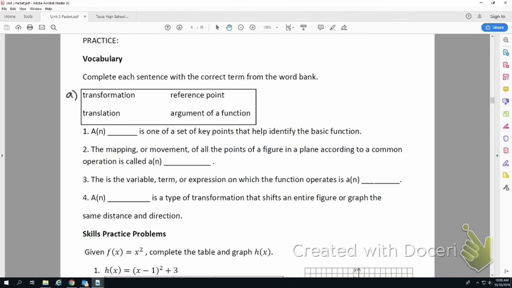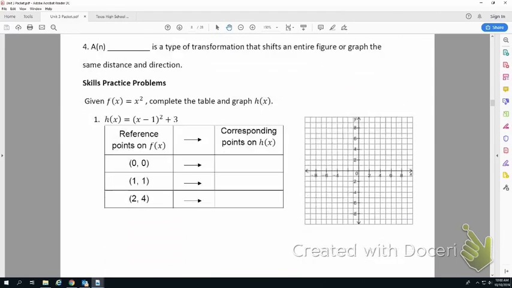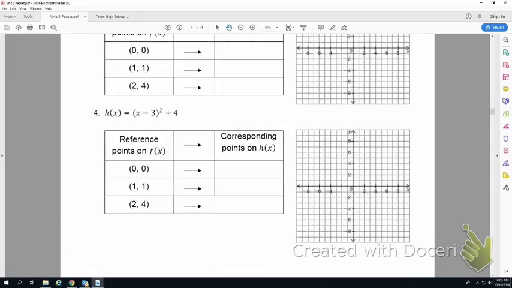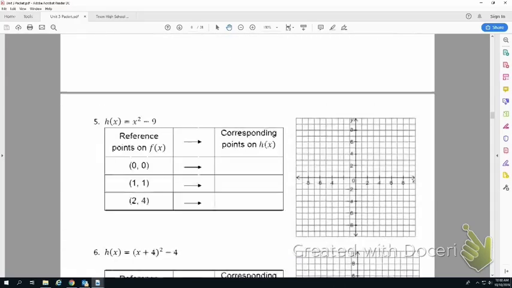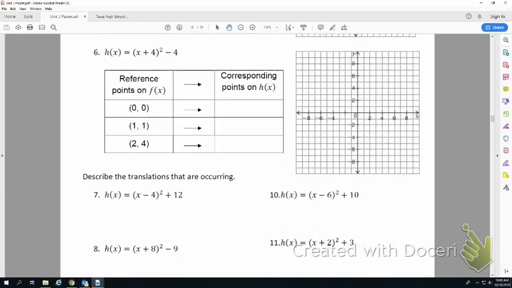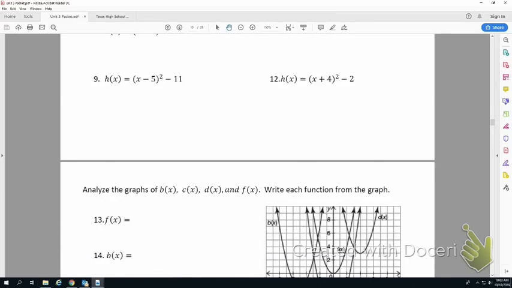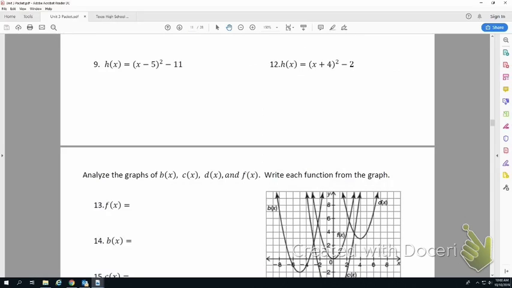So I would just write A, B, C, and D next to it, and just put A, B, C, and D inside those spots. That just might make your life a little bit easier. So you've got those definitions, which we talked about, and then you have, I think, 3 or 4 examples, a few more. We did put another page on there, of just up, down, left, and right, describing the transformations, and then writing the equations.